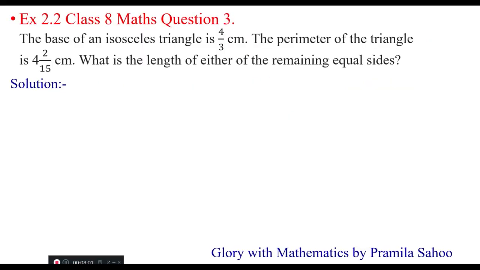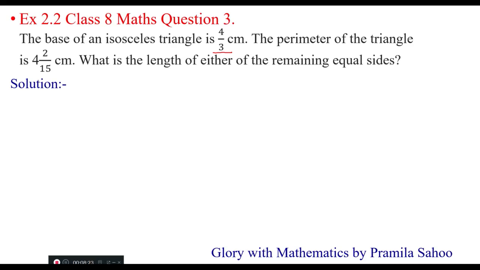So question number 3. The base of an isosceles triangle is 4 by 3 centimeter. The perimeter of the triangle is 4 2 by 15 centimeter. What is the length of either of the remaining equal sides? All of you know about isosceles triangle.